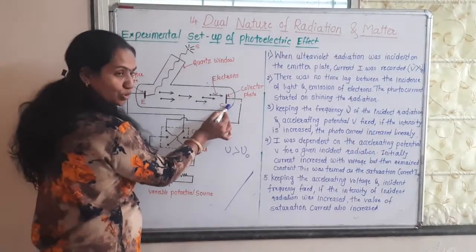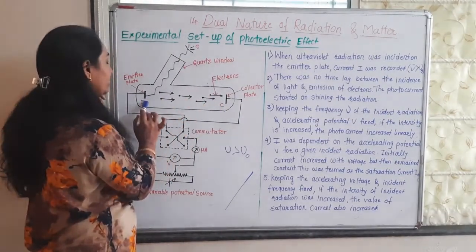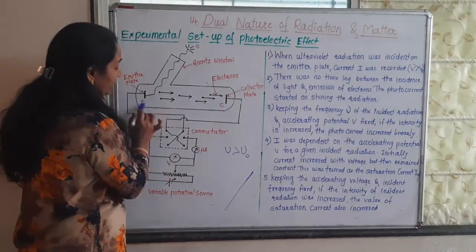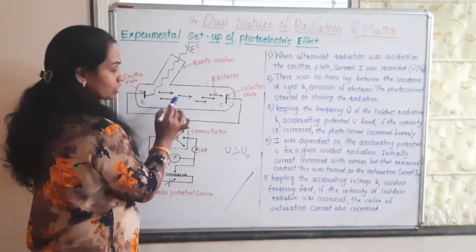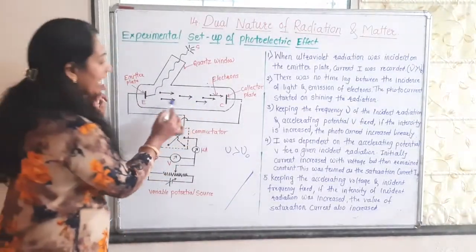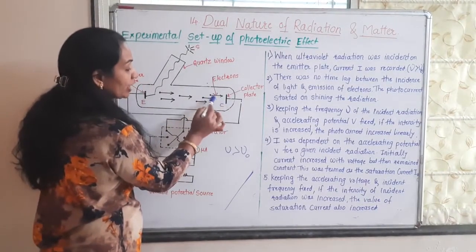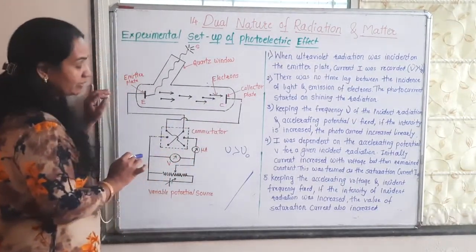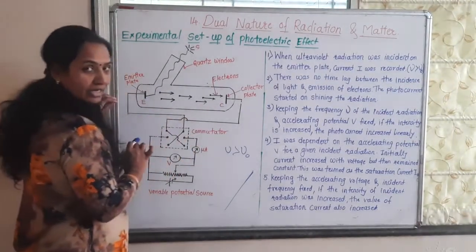Normally C is at positive potential with respect to the emitter, then the voltage can be varied so that the emitter is at positive potential and C is negative. If C is at positive potential, the emitted electrons, called photoelectrons, are collected by the collector plate.